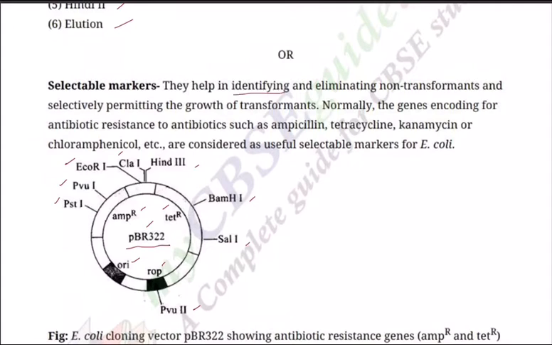Then you write, selectable markers help in identifying and eliminating non-transformants and selectively permitting the growth of transformants.